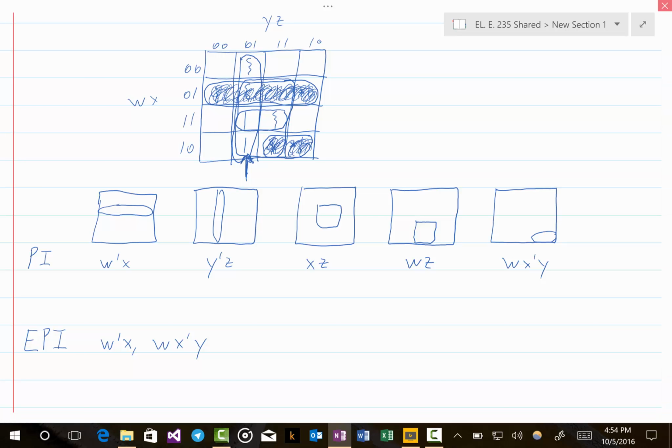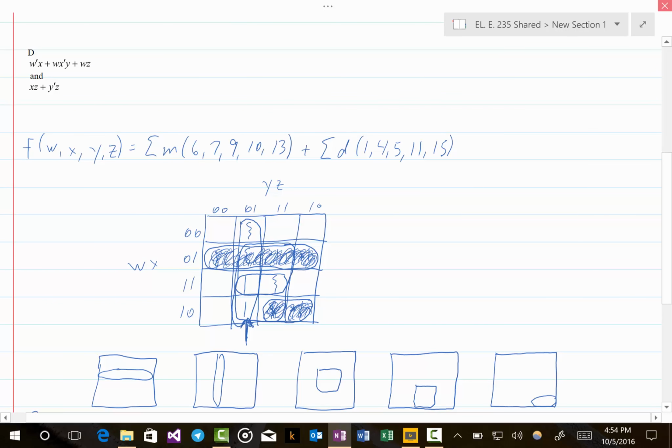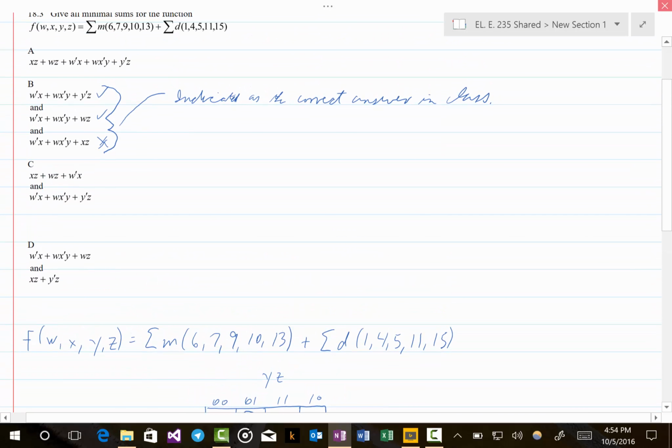And please do verify for yourselves that if that were a squiggly one in cell 9, in other words, if 9 were not listed among the mandatory minterms in this function but was listed as a don't care condition, then choice B, as it was originally given, would indeed be correct. But it is not a don't care condition.